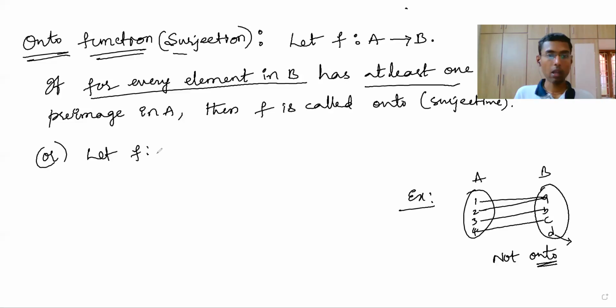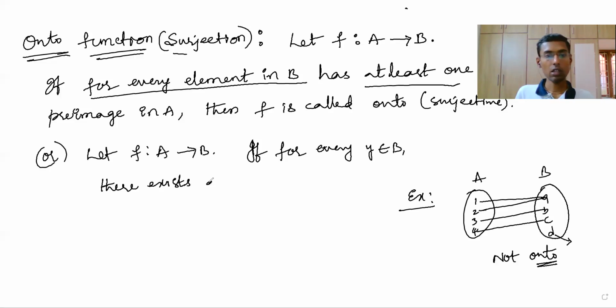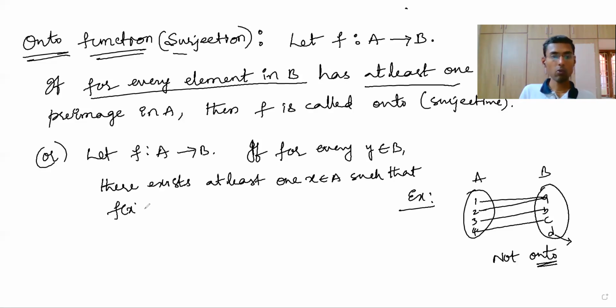Let F map A to B. If for every Y belongs to B, there exists at least one X belongs to A, such that F of X equal to Y. That means what?